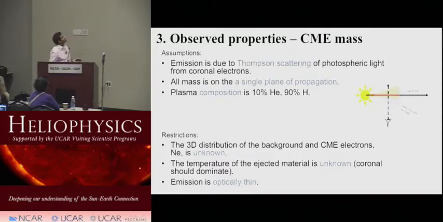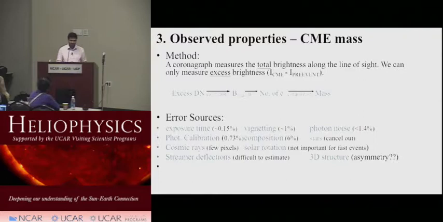So you make several assumptions to convert the total brightness into a number of total electrons. Then you assume it's all happening on the plane of sky, because that's where the maximum amount of scattering happens, which is predominantly okay, but you get some large assumptions and large uncertainties.